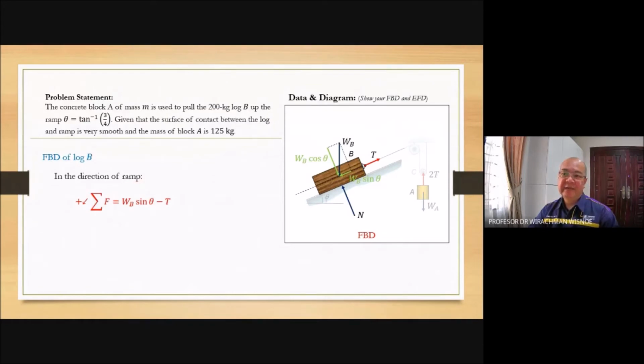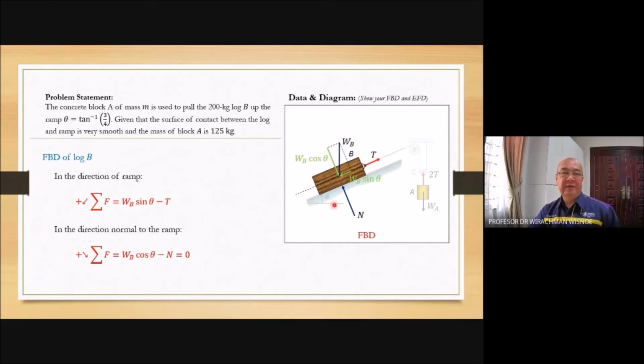If you have theta here, the theta will be there. In the direction of the ramp, going to the left downward, positive, I have WB sine theta minus T. In the direction normal to the ramp, WB cosine theta minus N, but that one is equal to 0. Why?